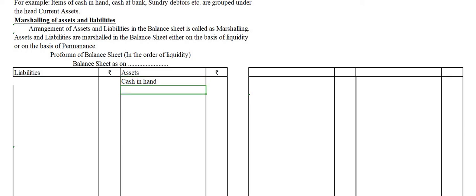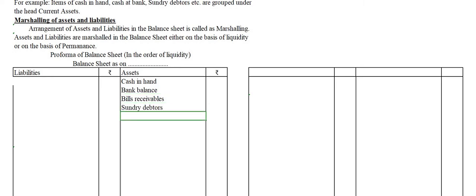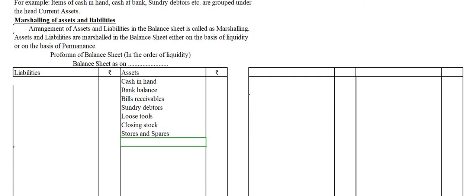That can be written first, then followed by cash at bank, then bills receivable, then sundry debtors, then loose tools, then closing stock, or closing stock can be written just before loose tools also. Then after that stores and spares, then short term investments, then long term investments.